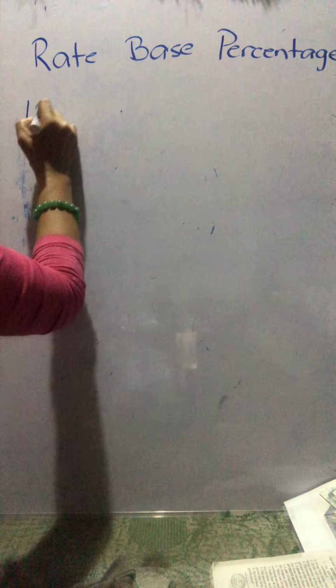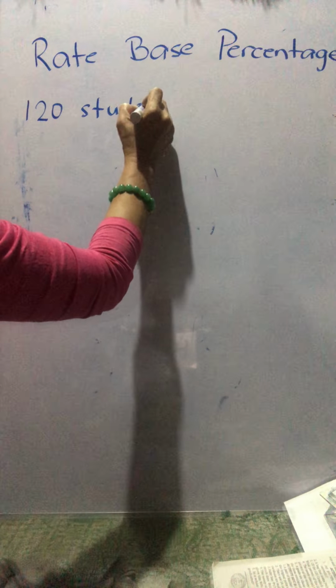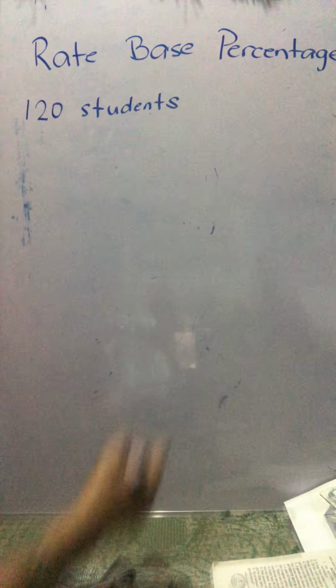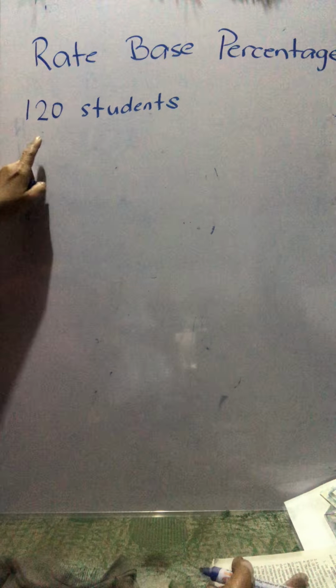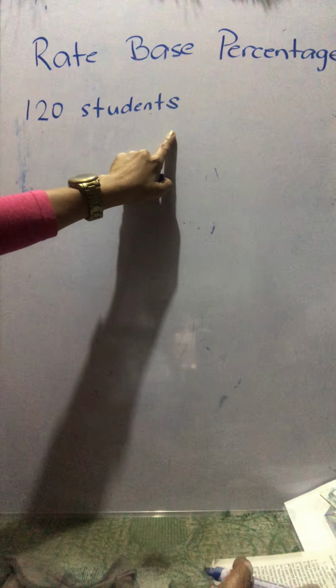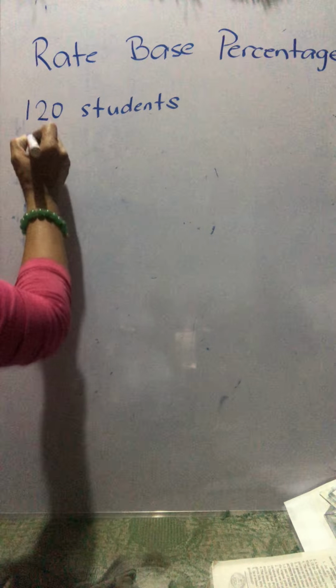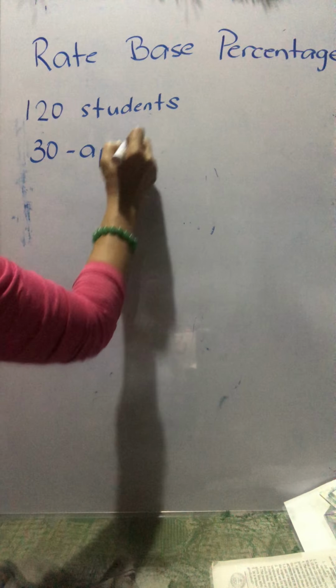120 is the total number of the students. Okay, and then of the 120 grade 6 pupils, 30 prefer apples. They prefer apples.